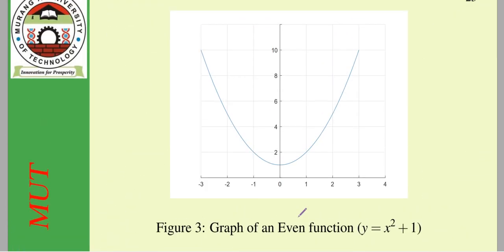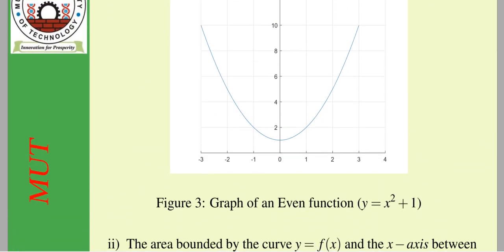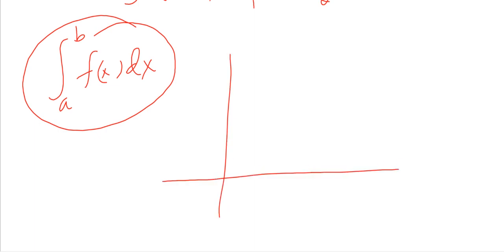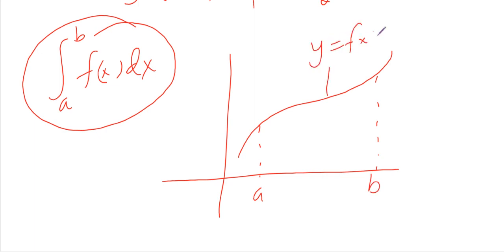It is important to remember that when you are getting the integral, or when you look at something like the integral from a to b, f of x dx, we think of a curve, whichever kind of curve, between some point A and B. Here, the equation of the curve is y equals f of x.